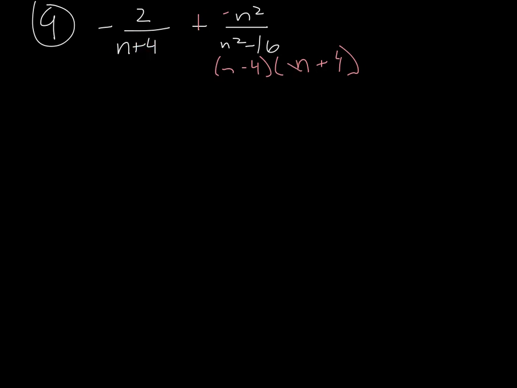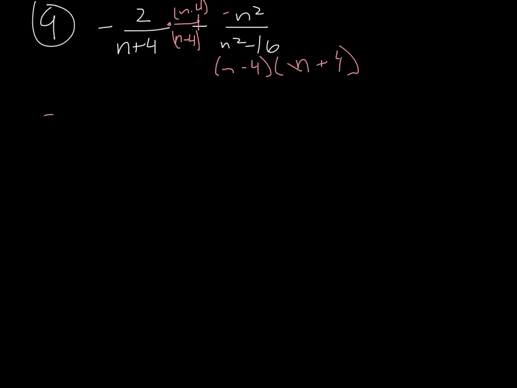So that these two match, I need to multiply this first fraction by n minus 4 on both top and bottom. When I multiply on both top and bottom, I'm not really changing the problem at all. I'm just multiplying by 1.